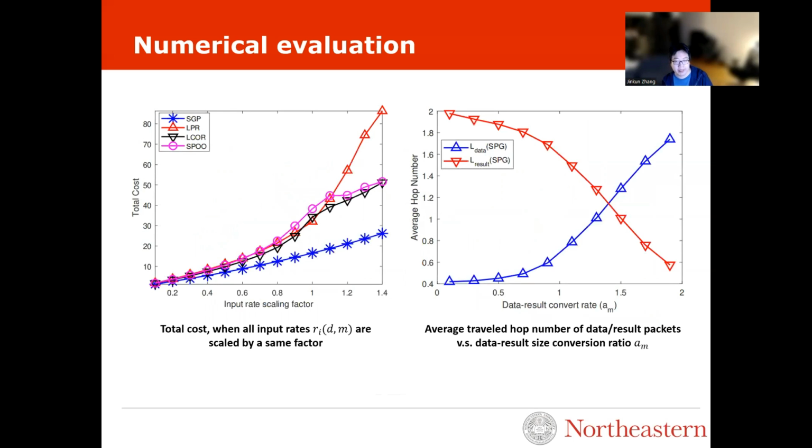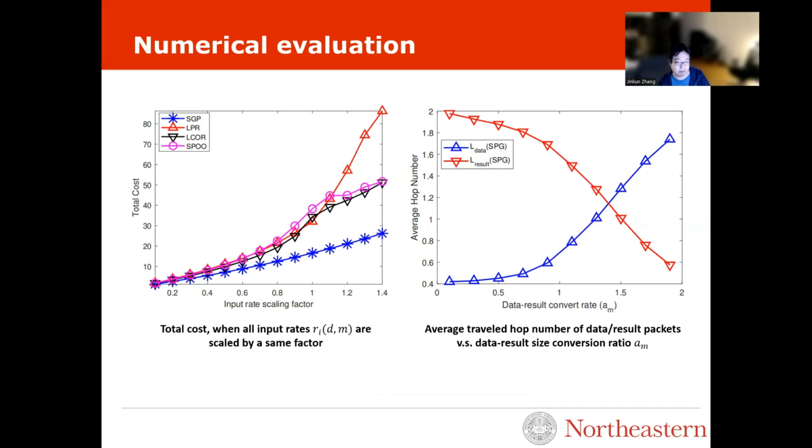Next, in the left figure, we kept everything fixed, but scaled all the input rates r_i(d,m) with the same factor. As this factor gets larger, the network becomes more congested, and SGP is more resilient to this congested network environment.